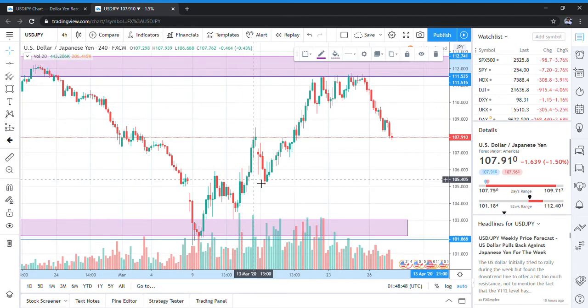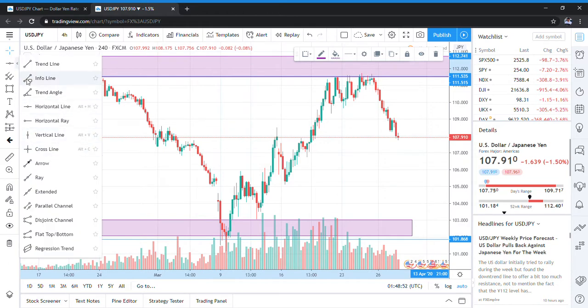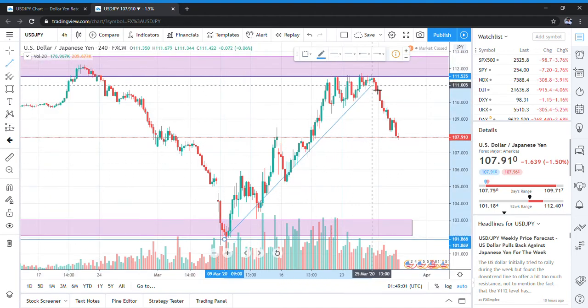Taking a look at the 4-hour, we could see that price was creating higher highs and higher lows, and it's creating an upwards trend, which it did break.